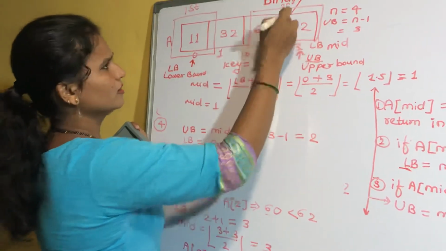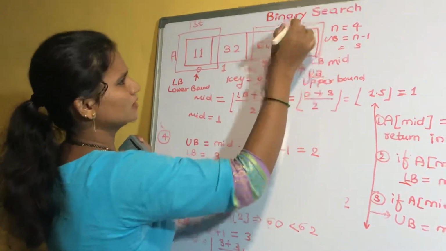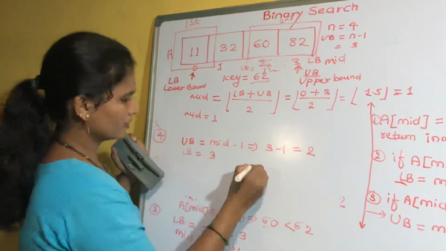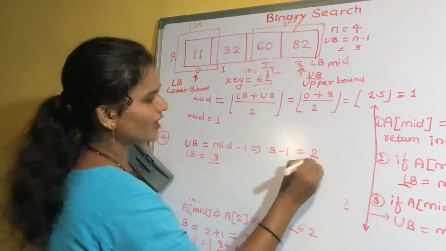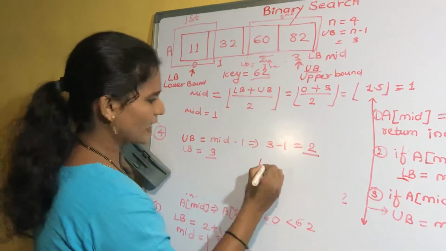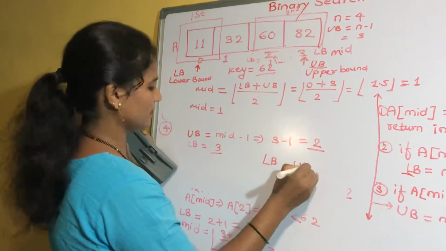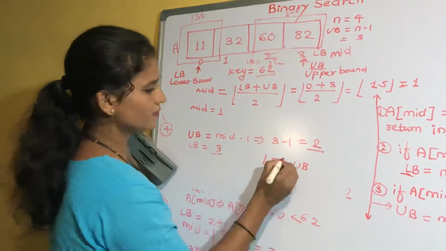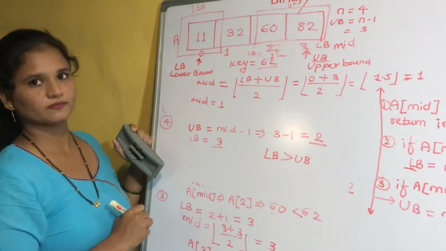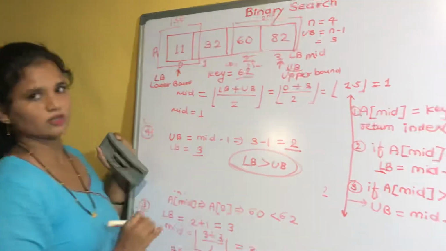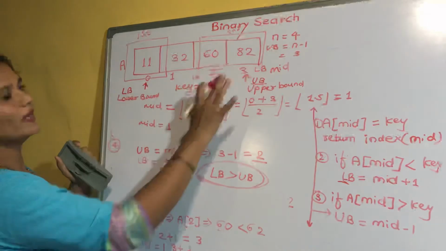The last condition there was a single element, and after we updated this, see here, LB's value is 3 and UB's value is 2. It means your LB, your initial value, is crossing your UB. LB is greater than UB. So that condition is the stopping condition, because you can see here there is no element left to compare.